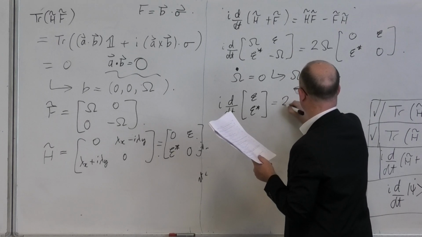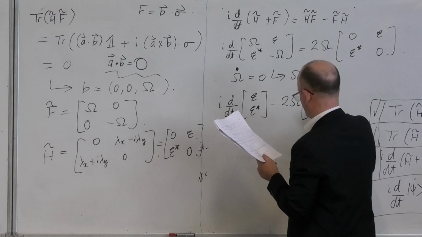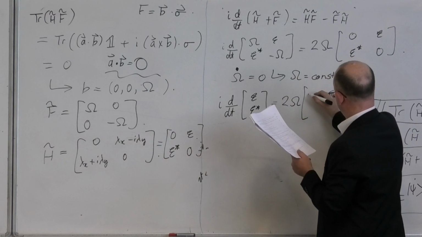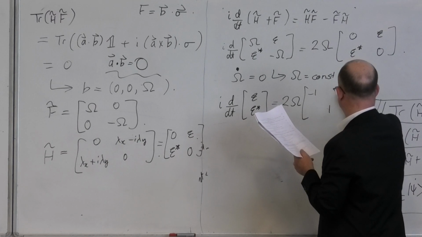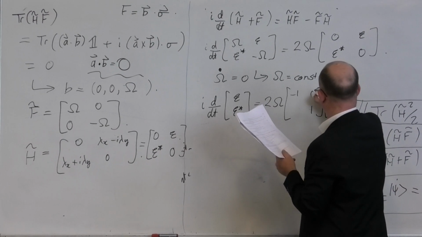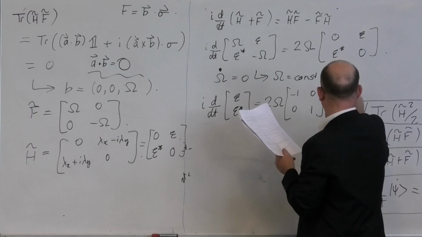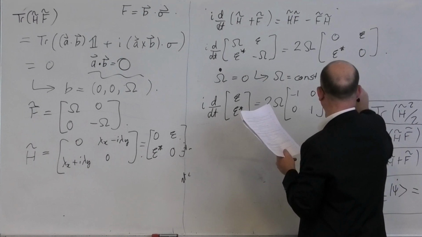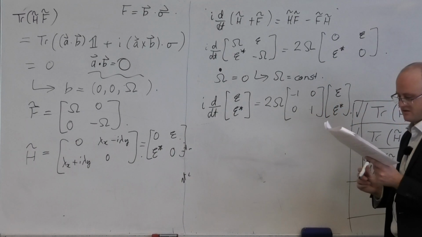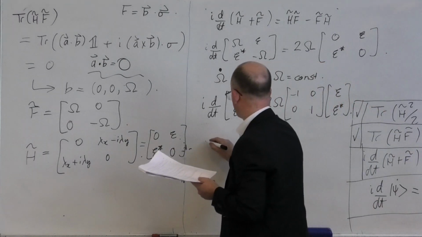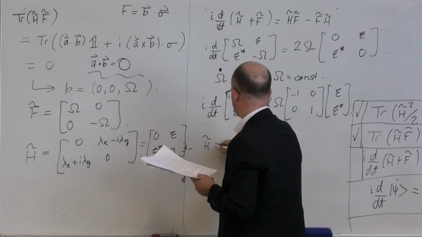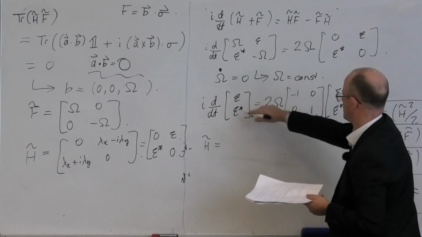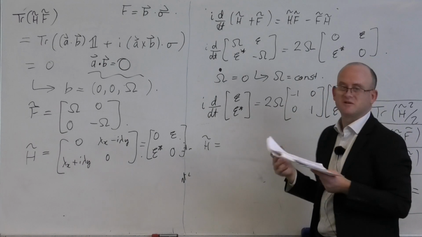So that's 2 equations. Both of these are pretty easy to solve. And indeed, you can write down what the Hamiltonian is. You can solve this, and anybody can do it in their head.